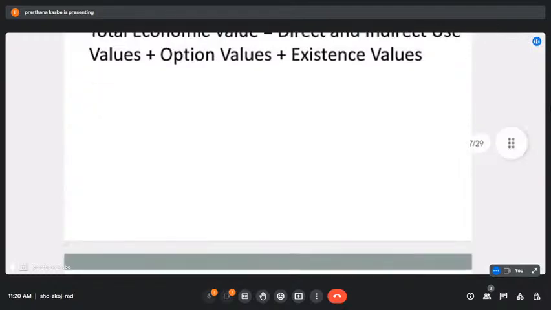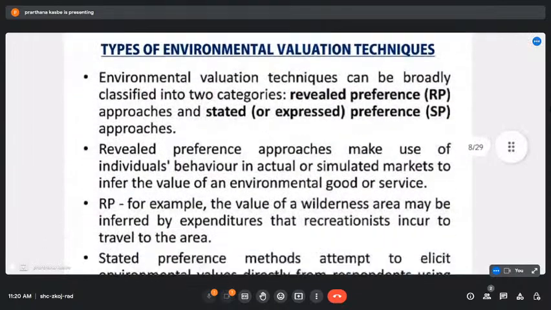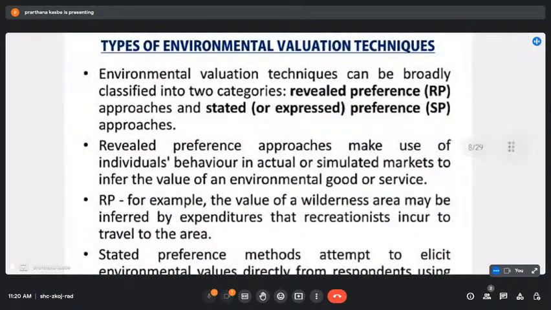This is the formula of the total economic value. So when we go through the types of environmental valuation techniques, basically two types are there. Which are they? We can see.